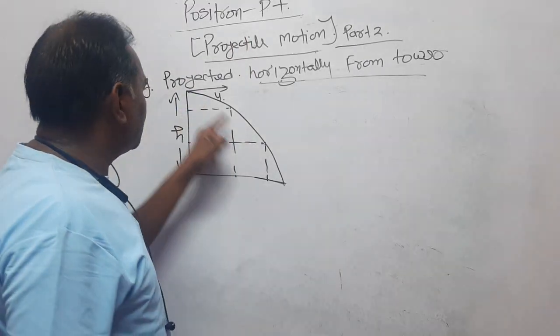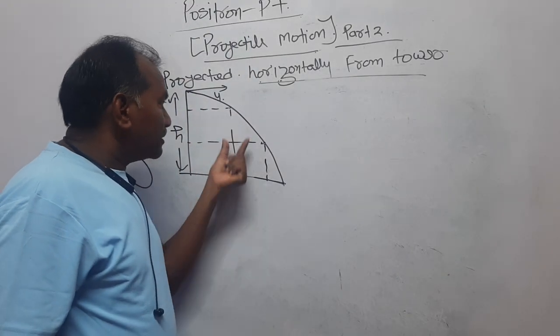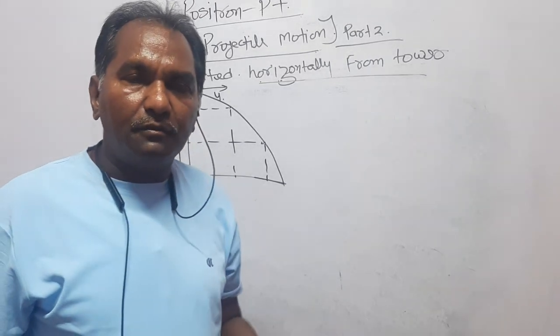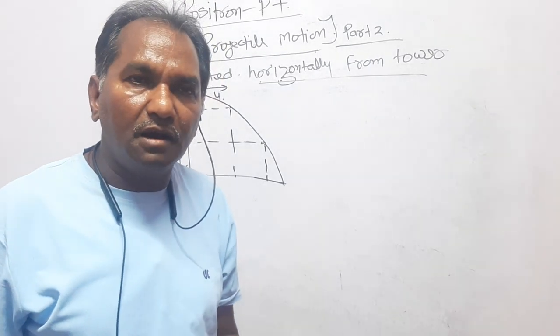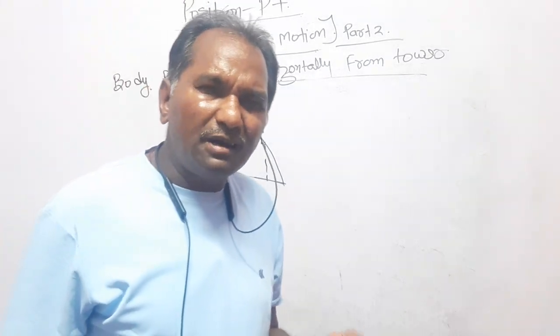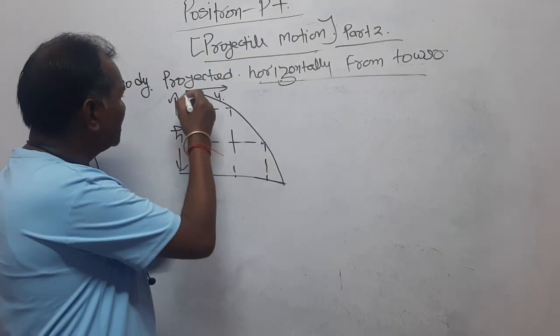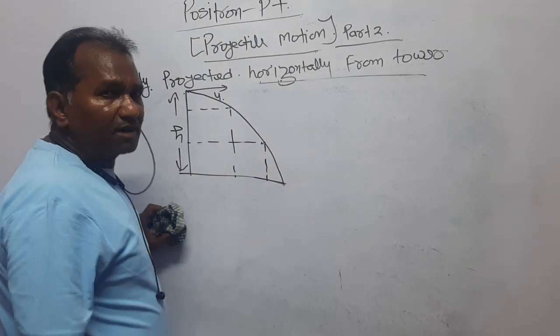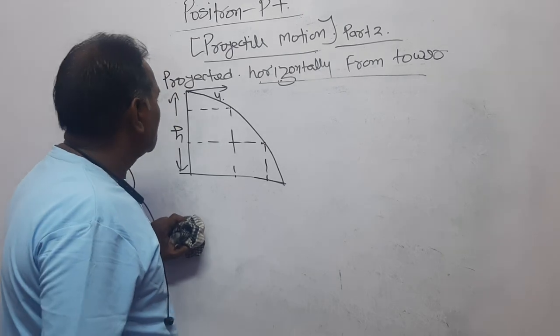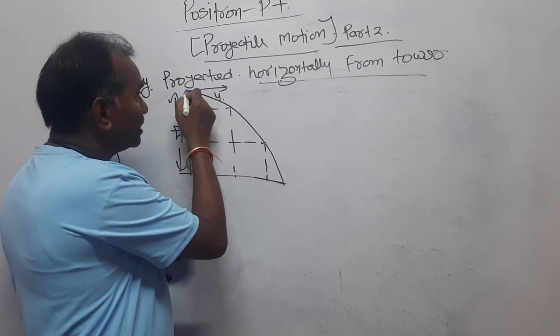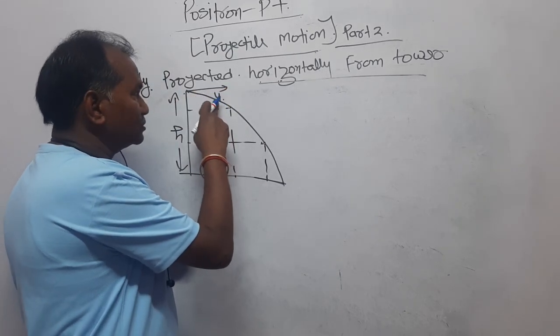Then what kind of formula will you apply? First, we have to find out what the path of the projectile is, whether it is parabolic or it is following another trajectory. So dear students, here it is a building or a tower h meter high, and a body is projected horizontally with velocity u.